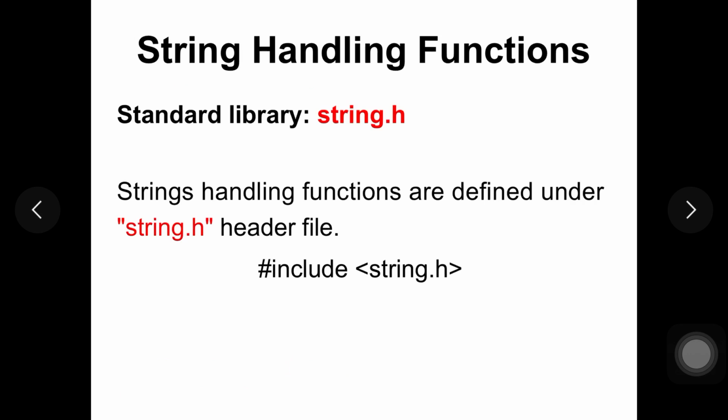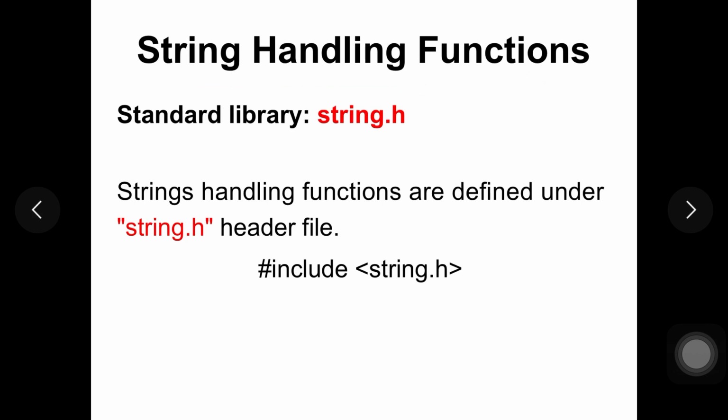It is compulsory that whenever we use string handling functions, we include string.h as the header file. If you don't, the program you write will have errors. That's why we need string.h, because it is a standard library holding the string handling functions. We'll see these one by one.